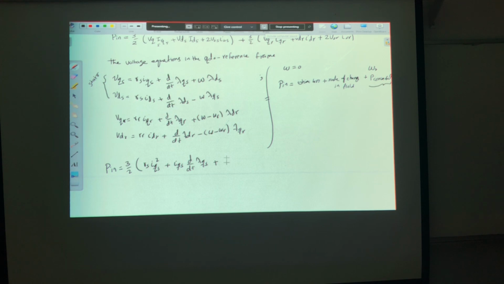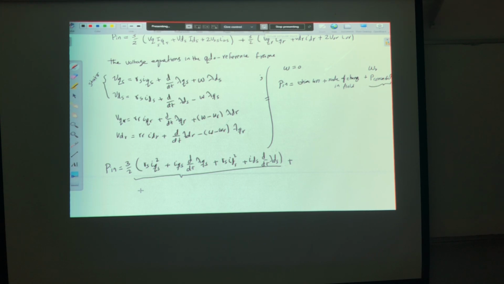So this term is not there. Now the second term is RS IDS squared plus IDS d by dt of lambda DS. Now all of these terms are either ohmic losses or rate of change in the field, so they will never contribute to the output. This is for the stator.